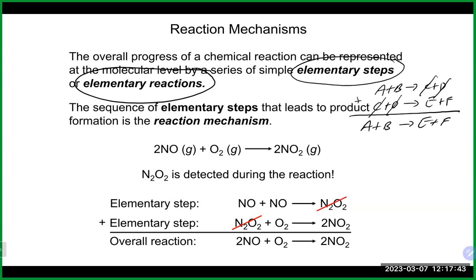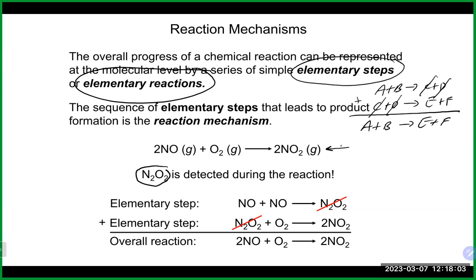And the reason that we think that these things happen this way is, for example, when we do this reaction here, where we take the NO plus the oxygen and make some NO2, during the reaction, N2O2 is detected, but it is not a reactant, and it is not a product.